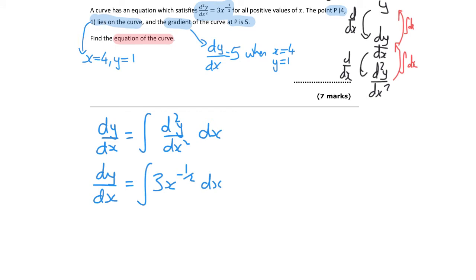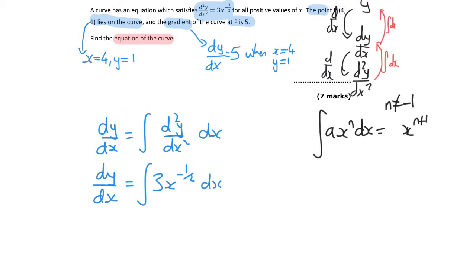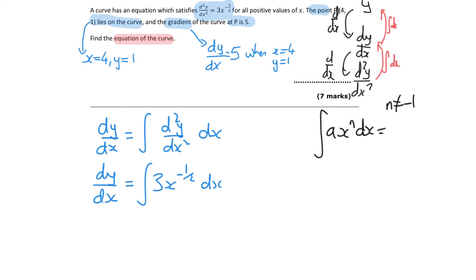Some other key knowledge is that to integrate something that looks like a constant a times x to the power n, when n doesn't equal minus 1, I add 1 to the power, so I get x to the power n plus 1, and then I times by the reciprocal.